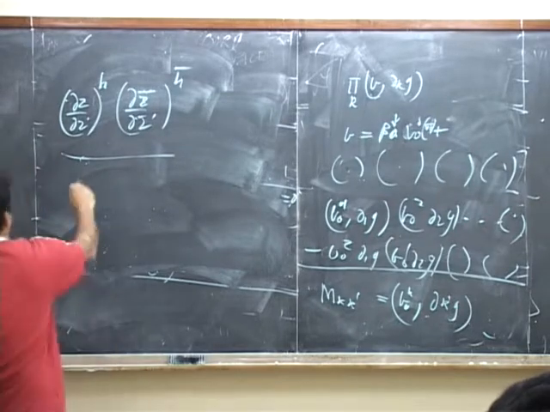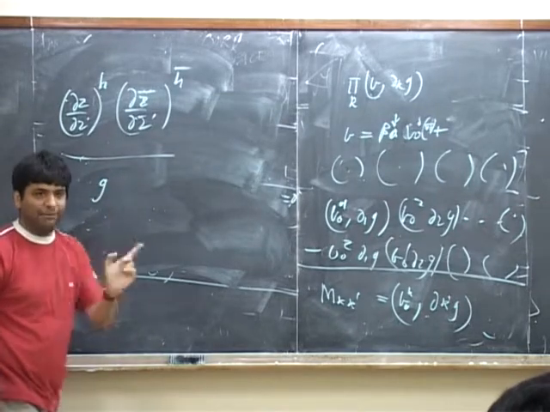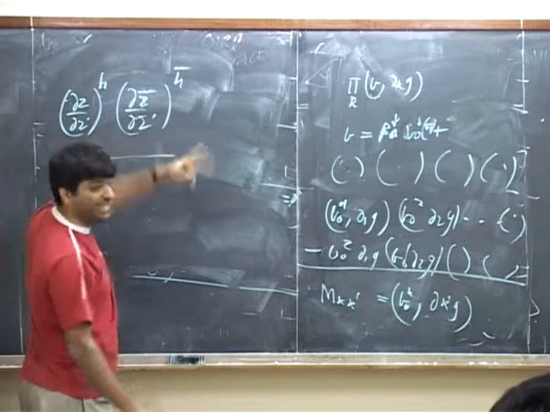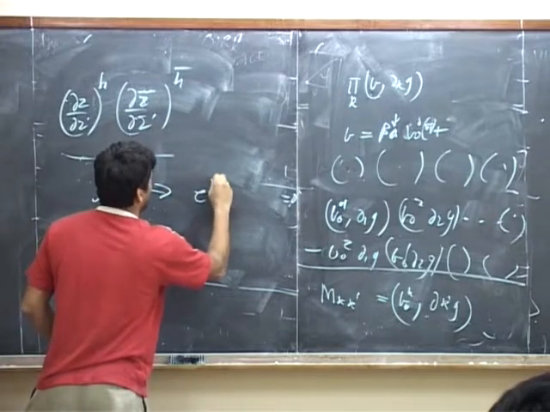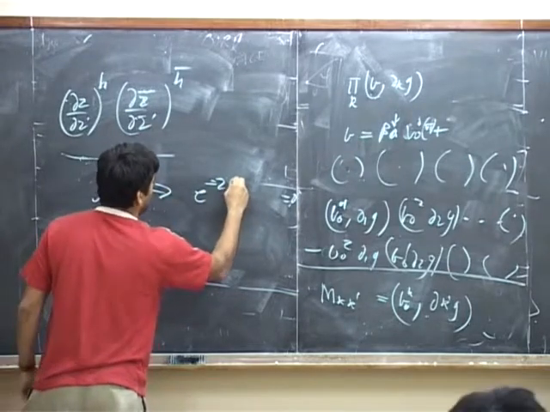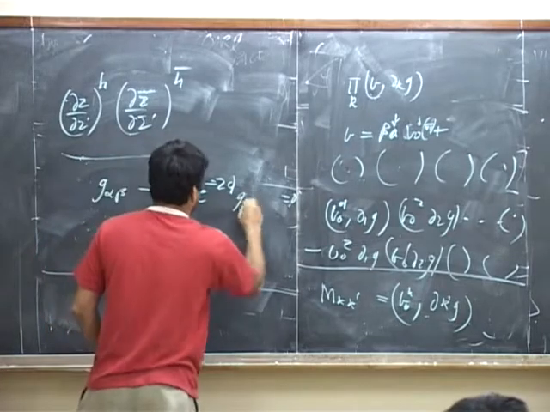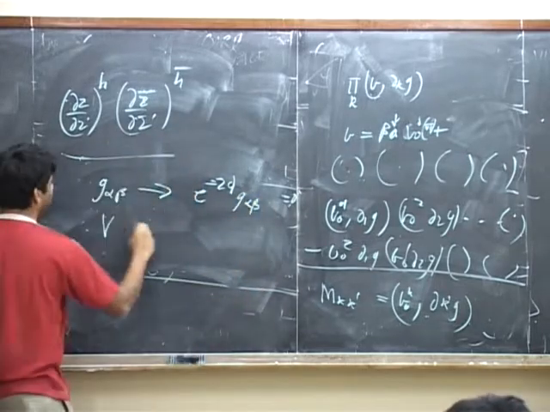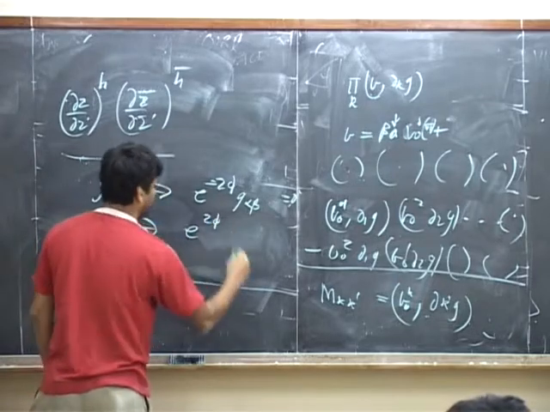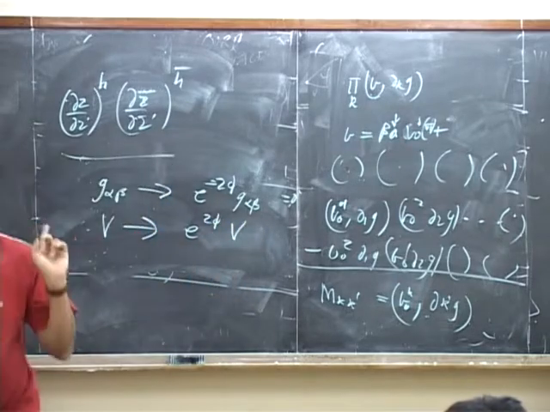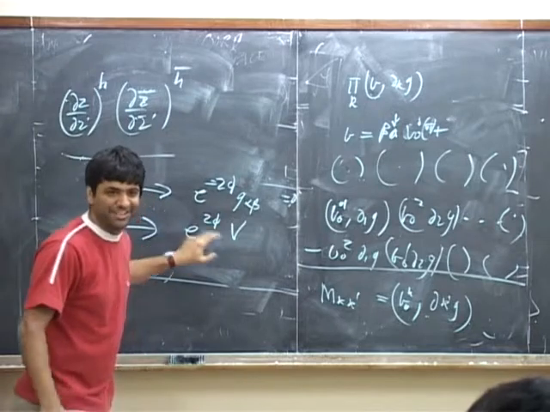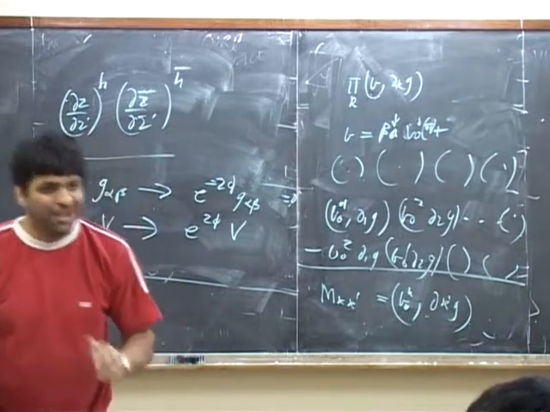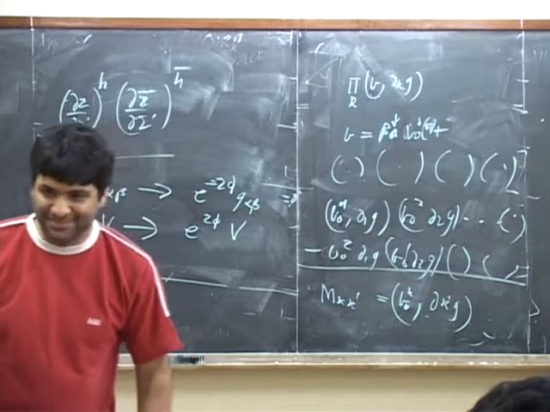If g alpha beta goes to e to the power minus 2 phi g alpha beta, then v goes to e to the power 2 phi v, if the operator v was 1, 1. It's either this with one of the two signs. You can see that immediately. It's a matter of working out the signs. I assure you that this is the right answer.